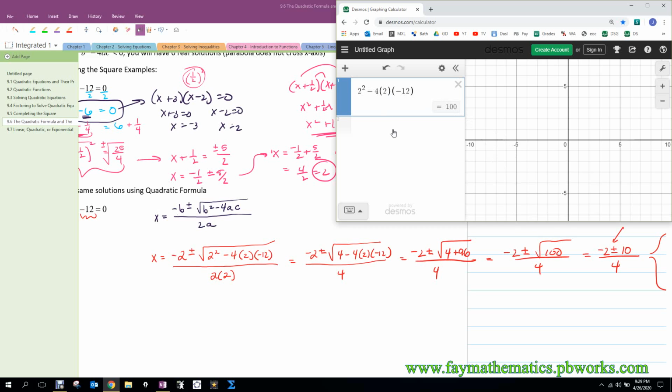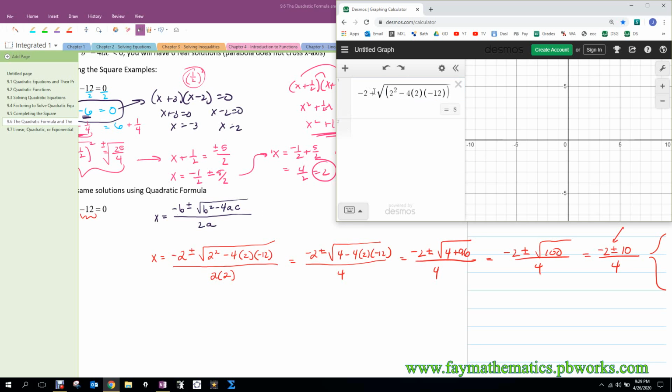Okay, if you want to, you can do it all. You can go negative 2 plus. Now we can't do plus or minus. It doesn't have that capability. We can do this. So put that underneath there.